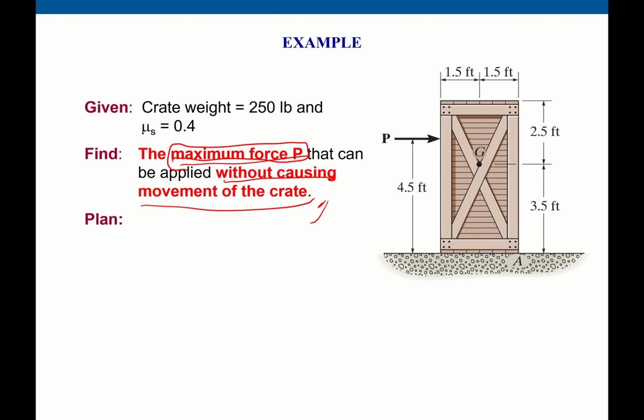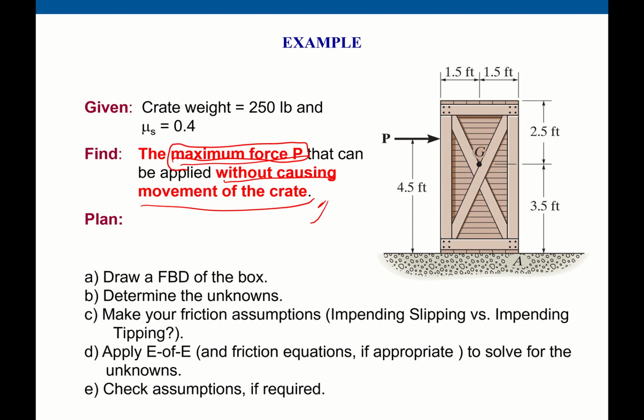Here we have a certain plan. First, we draw the free body diagram, determine the unknowns, and make our friction assumptions. We have to assume whether this one will slip or tip. Then apply the equilibrium equations as well as the friction equation, and check the assumption.